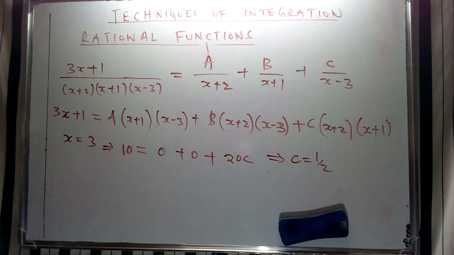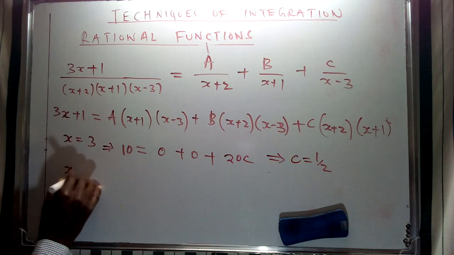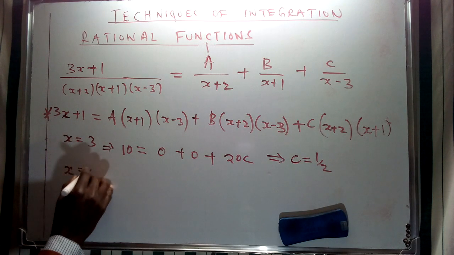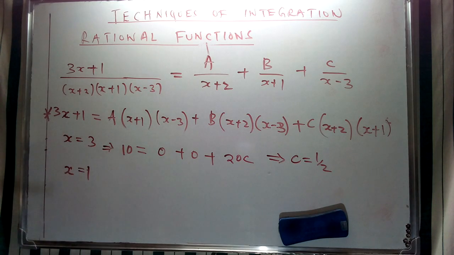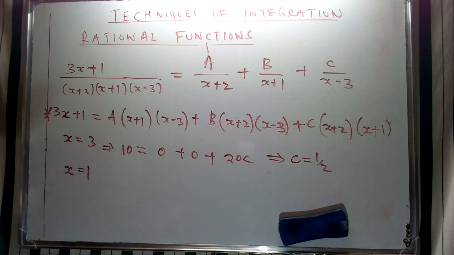And if you try to consider the second case, of course, we can choose any of the two values. We can just consider when x is equivalent to 1, or when x is equivalent to negative 1.